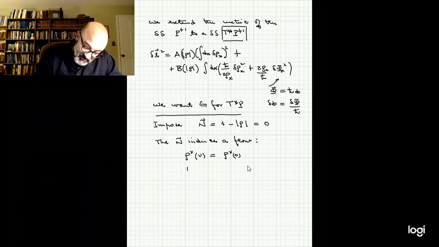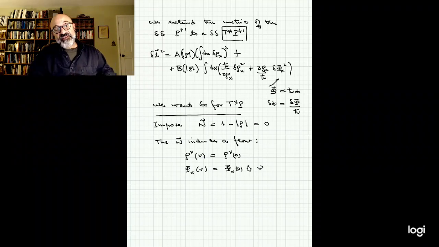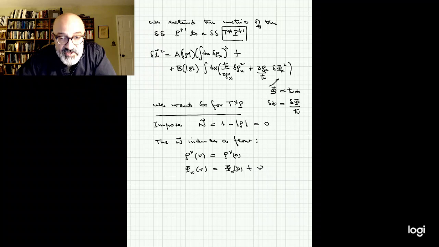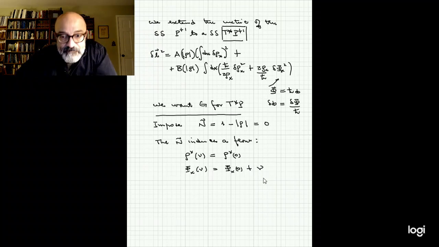The shift of the probabilities is 0, and the phase fields, the canonically conjugate momenta, get shifted by a constant. So you have these curves in which the momentum gets shifted by a constant. It's independent of x.